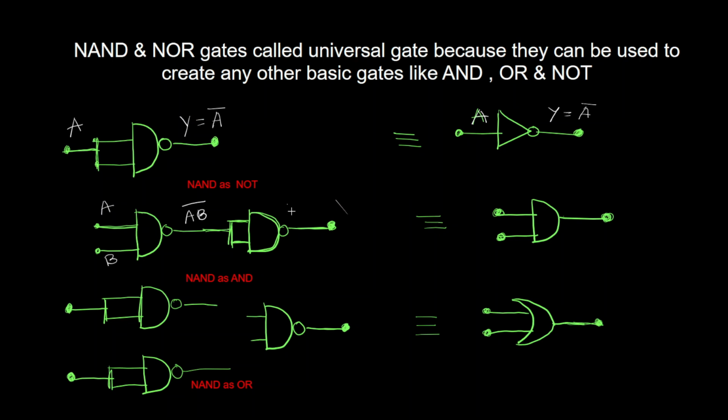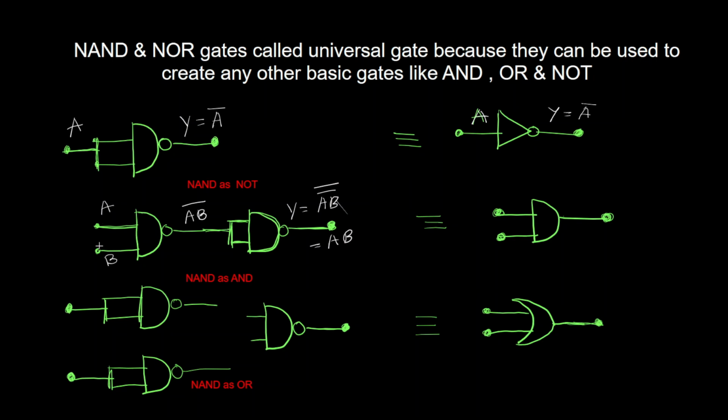Then again here you will get (AB) complement, and this is the input, so you will get (AB) double complement, that means AB. We are taking A and B as inputs, but at the output we are getting AB. So using only two NAND gates, we can construct an AND gate. Here you can see the output is AB.